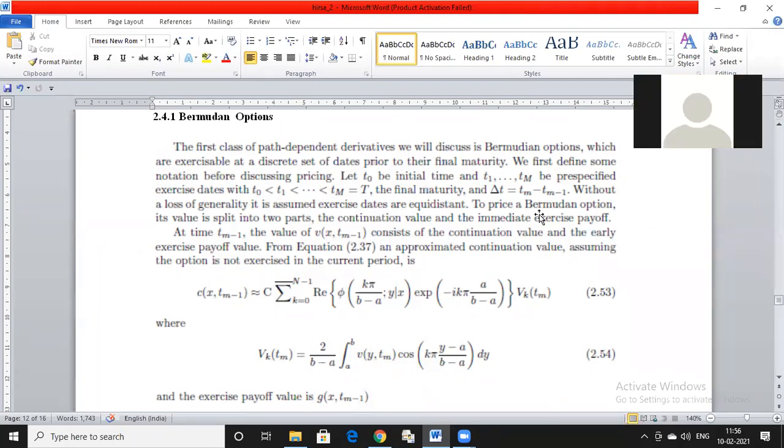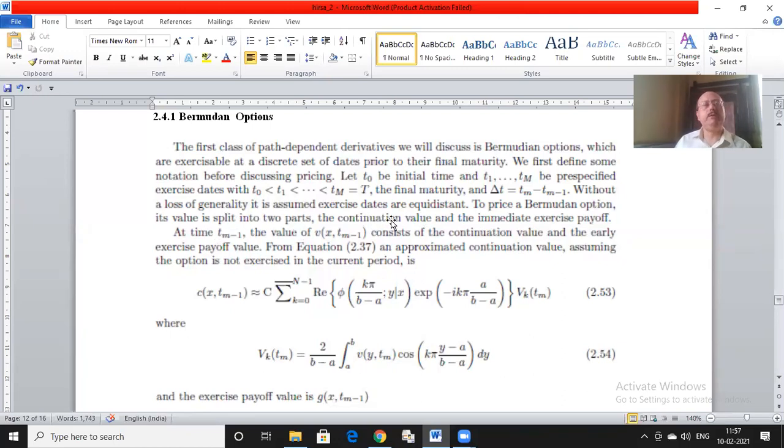So for the Bermudan option, we do the same thing as in the binomial tree example. At each node, we decide between two things. One is immediate exercise and the other is continuation. So I can either continue till the next period, unless I am already at the last period, or I can exercise immediately. So my payoff also has two parts. The value is split into two parts.